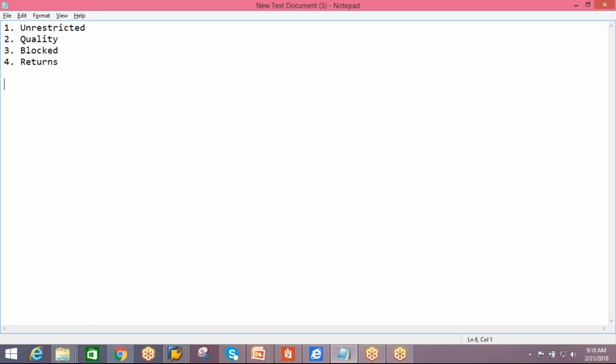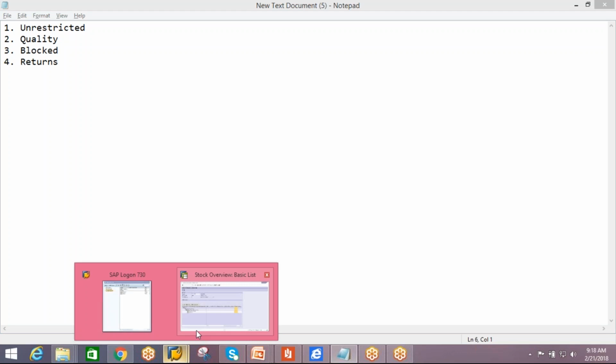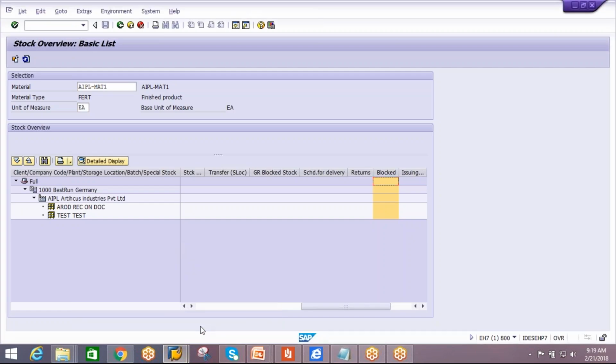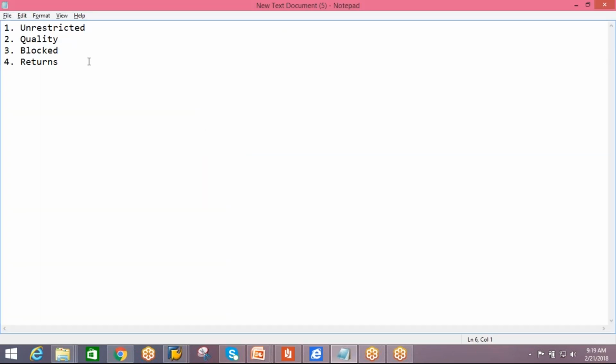Only four I am differentiating. Now we can see whether these four are satisfying the entire stock types or not.